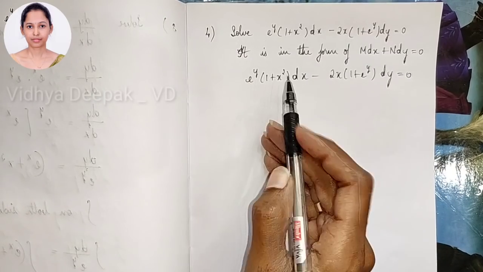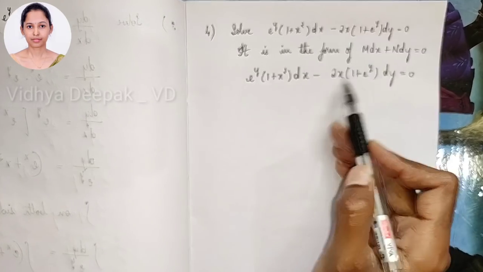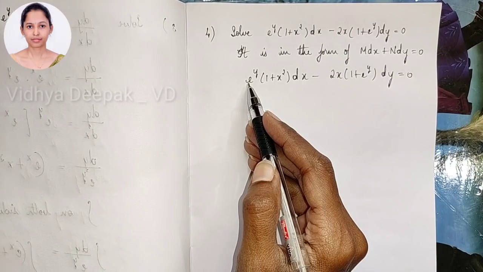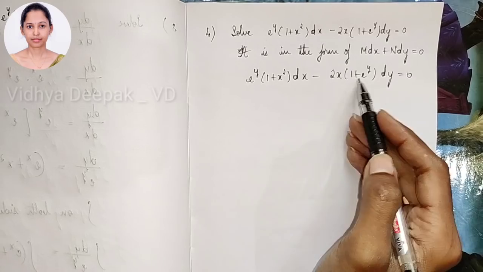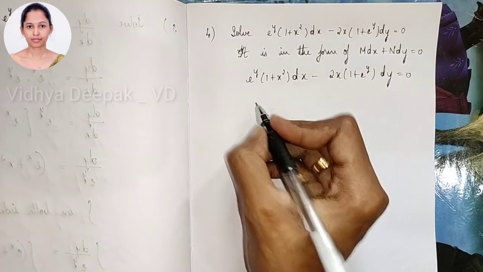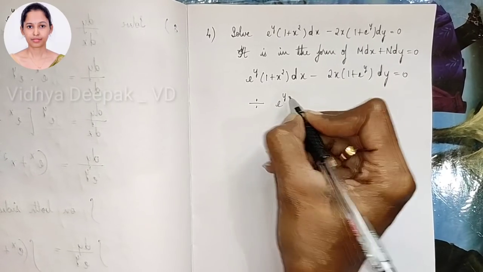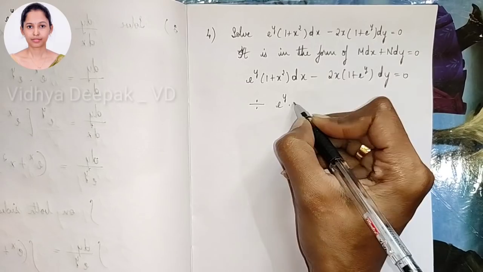So now we have a mixture of x and y terms, we have to segregate this, right? Here we have to eliminate e power y in order to make it an x term. Here we have to eliminate x. So what we have to do is divide the entire equation by e power y into x.